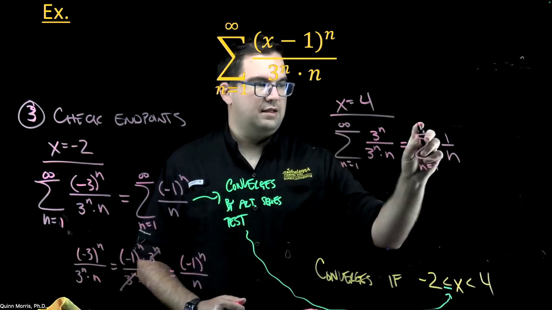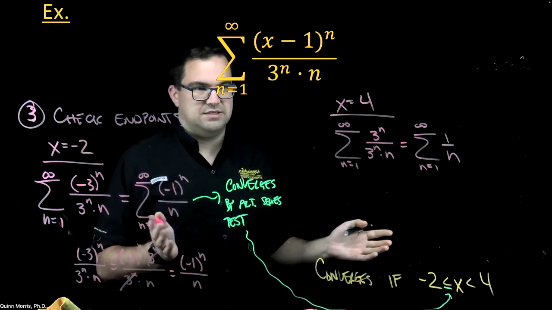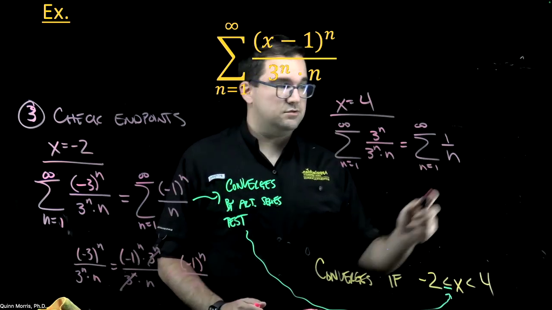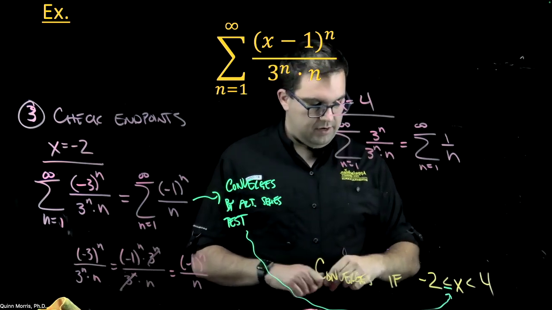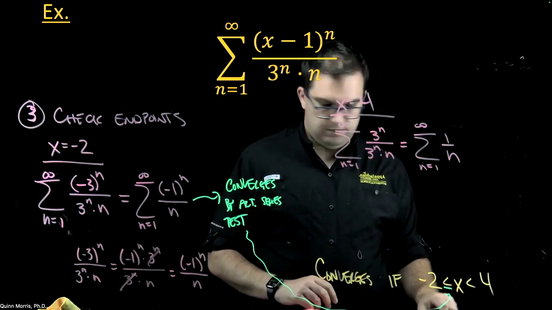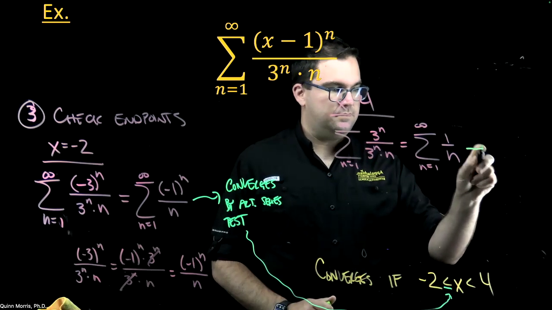And we know, in fact, that this series diverges. So you could just say that's the harmonic series. I know the harmonic series diverges. But it's also a p series. And so here, this series we know diverges.